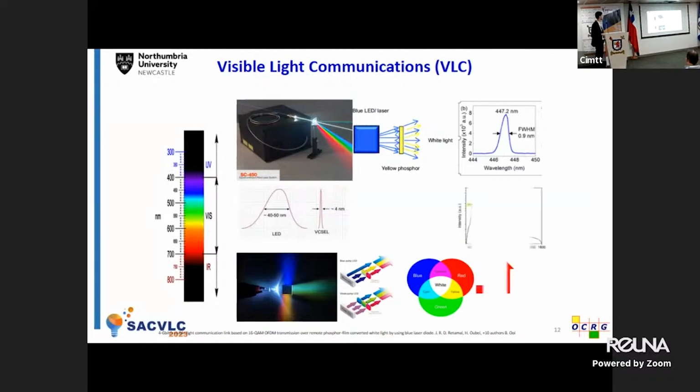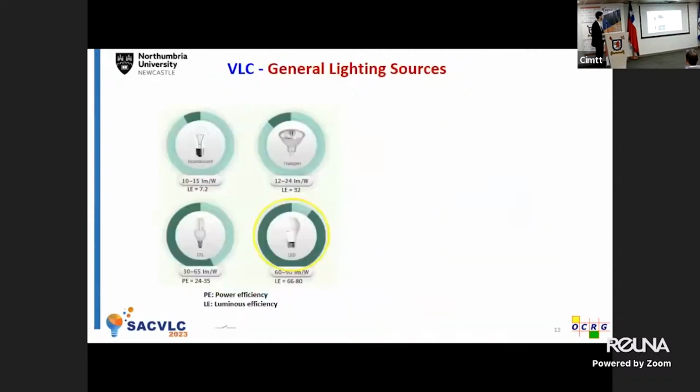This is a simple way of looking into visible light, for example, moving to the concept of RGB, a light source with three colors. This is again the bandwidth and spectrum that allows us to utilize that spectrum for communication.